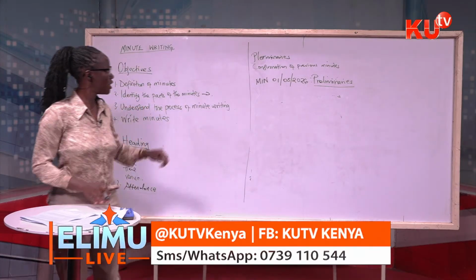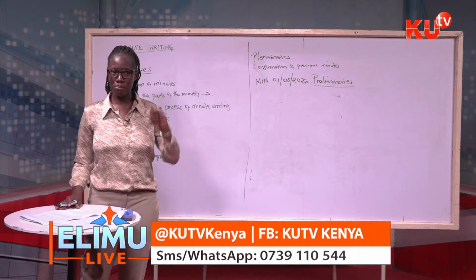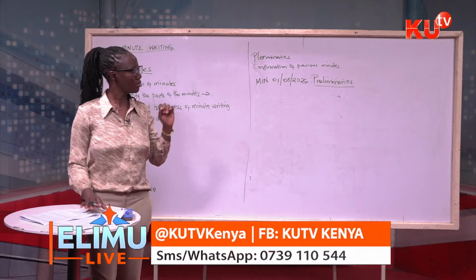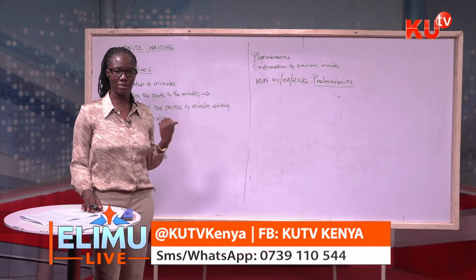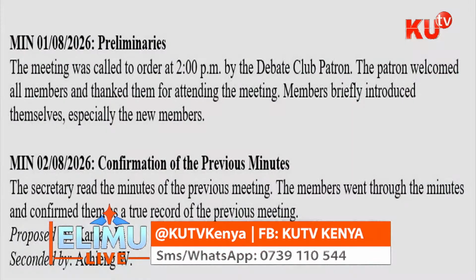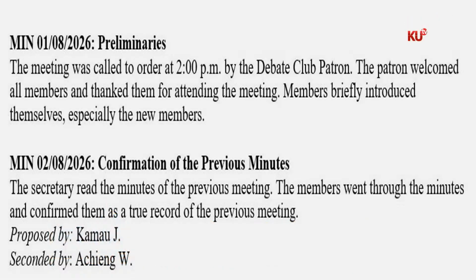So in this case, confirmation of the previous minutes, there must have been a meeting that took place some time back. And so in this confirmation of previous minutes, you just want to confirm if whatever has been read by the secretary is exactly what was discussed in the previous minutes.